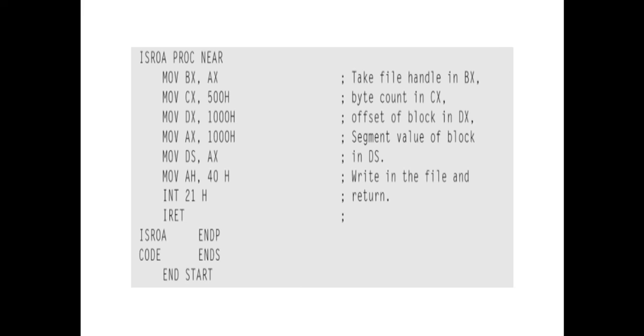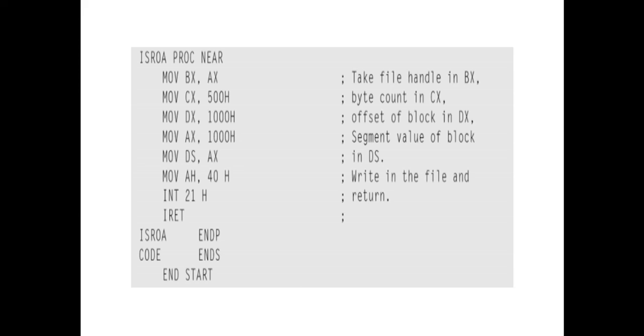Then we have to write this data into the file. For that we execute two instructions, MOV AH, 40H and INT 21H, which is the function for writing into the file. The file is pointed to by the handle where the data will be entered.